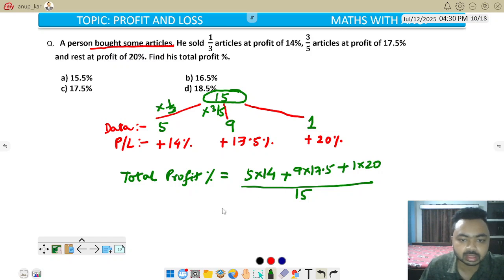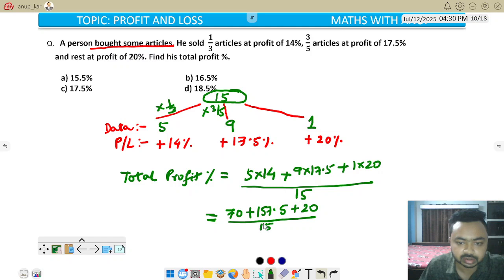So 5 into 14 will be 70, plus 9 into 17.5 is how much? 9 fives are 45 and 9 seventeens are 153, so 153 plus 4.5 is 157.5, plus 1 into 20, all divided by 15.